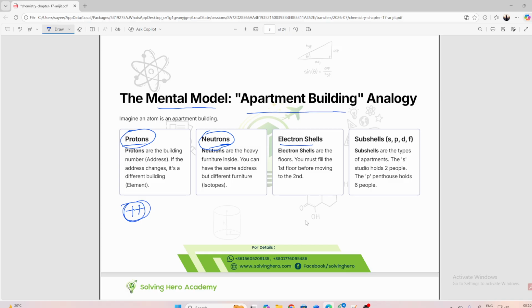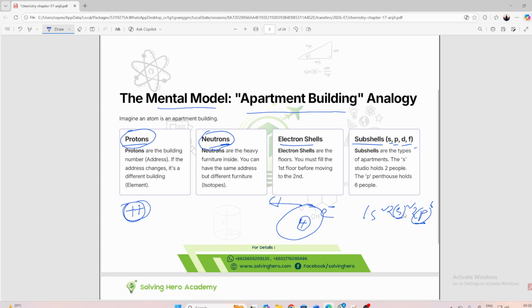Electronic shell, what are electronic shell? Around the nucleus, the electrons are rotating. The electrons are rotating in these shells, and these shells are called electronic shell. And subshell, what is subshell? S, P, D, F. We already know that 1s2, 2s2, 2p6 are called subshell.